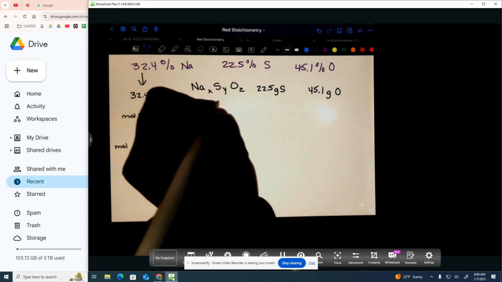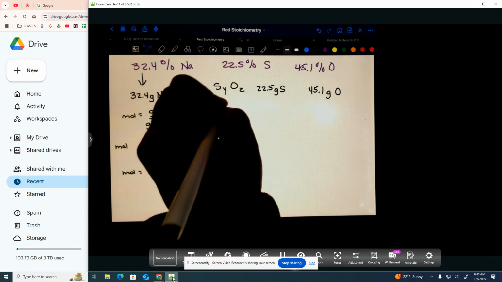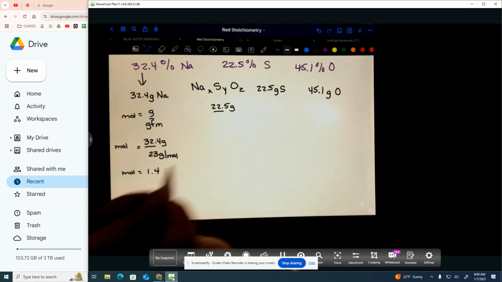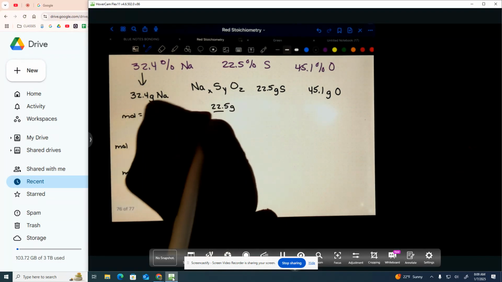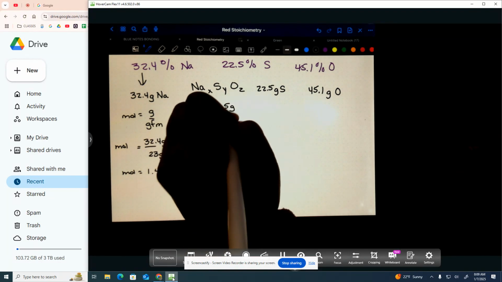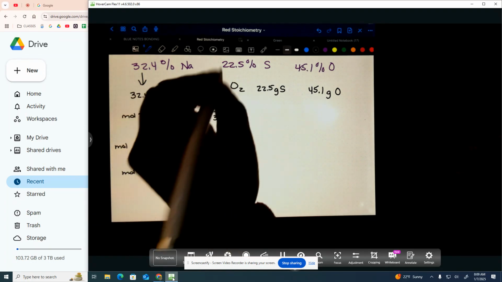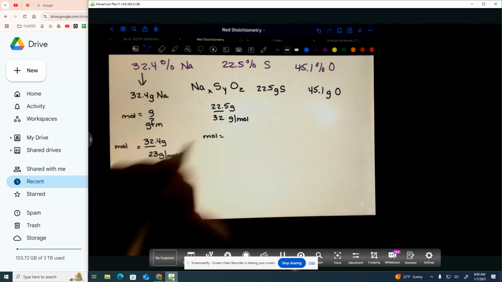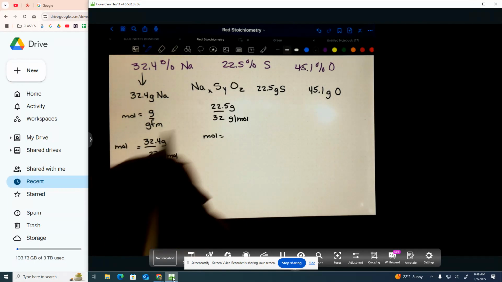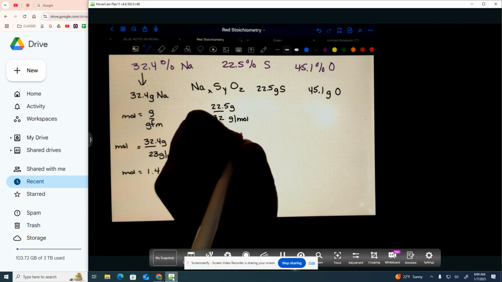Okay? Now let's do 22.5 grams of sulfur. What are we dividing that by? What's the gram formula mass of sulfur? 32 grams per mole. This is for the sulfur now. How many moles of sulfur do I have? 0.7 moles of sulfur.